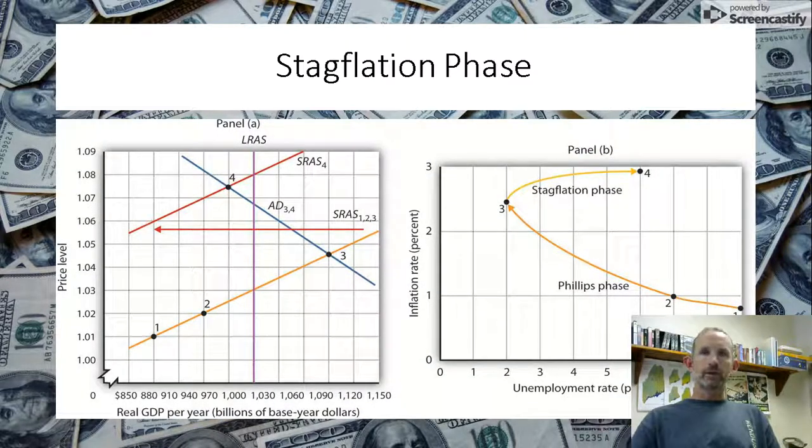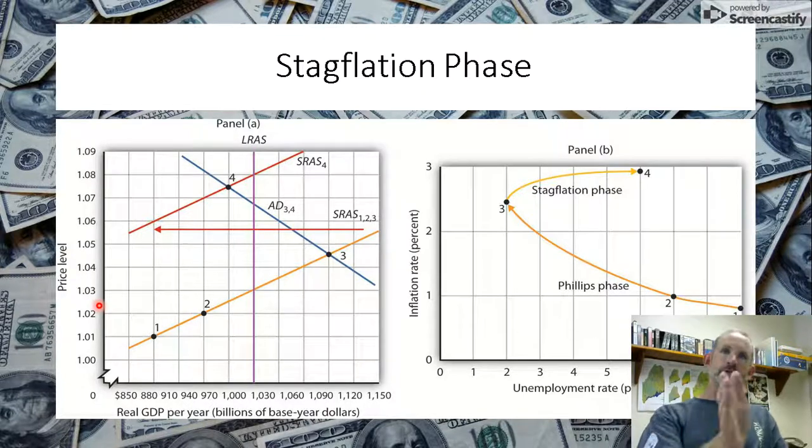At some point, though, those rising prices begin to cause problems for businesses because they're asked to pay higher wages. They're having to pay more for their inputs and things like that. So those increasing costs of production will cause the short-run aggregate supply curve to decrease. So you see on this graph, panel A, short-run aggregate supply is shifting to the left. So our equilibrium is going from point 3 to point 4.